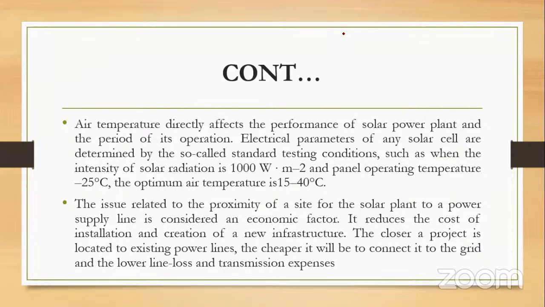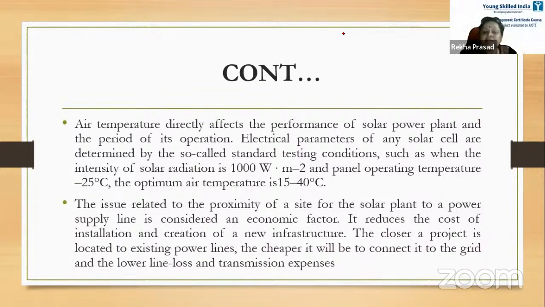Electrical parameters of any solar cell are determined by the so-called standard testing conditions, such as when the solar radiation is 1000 watt per meter square, and panel operating temperature is 25 degrees centigrade. Then the optimum air temperature should be between 15 to 40 degrees centigrade.